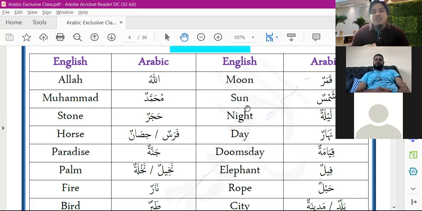That means say, qul ya akhi, say, oh my brother, qul, say or convey, okay? But if we make a mistake in saying the qaf, we change it into kaf, then we say kul. You are aware of it. So when you say yalla ya akhi kul, ta'al ya akhi kul.